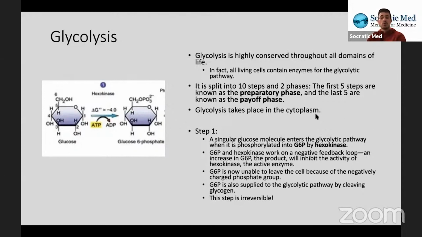And it's also important to note that glycolysis takes place in the cytoplasm. As we move over to the Krebs cycle and the electron transport chain, we're actually going to move to a different part of the cell. And the cell does this specifically. It sequesters these different actions in different parts of the cell just because there are different enzymes present in different parts of the cell. So glycolysis takes place in the cytoplasm, but it might not necessarily be possible in the mitochondrial matrix just because there are so many other things going on in the mitochondrial matrix.